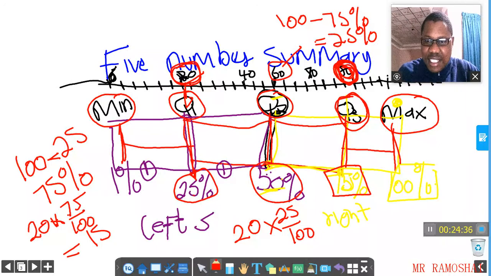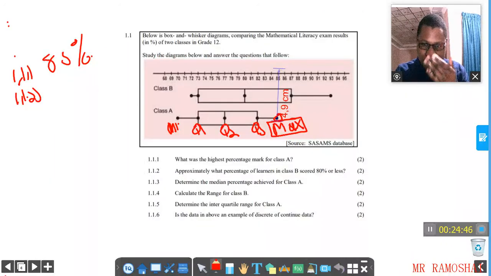Remember here at 80, we have the percentage that is more than, and we have the percentage that is less than. Right, let's go back to our question. What are we looking for? We are looking for 80%.